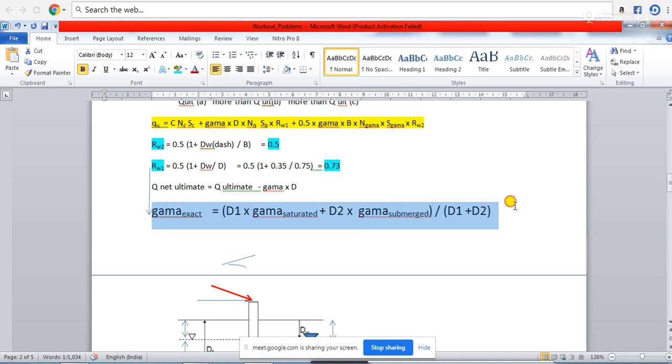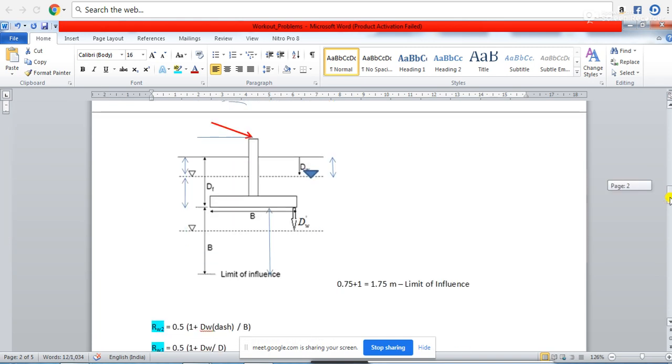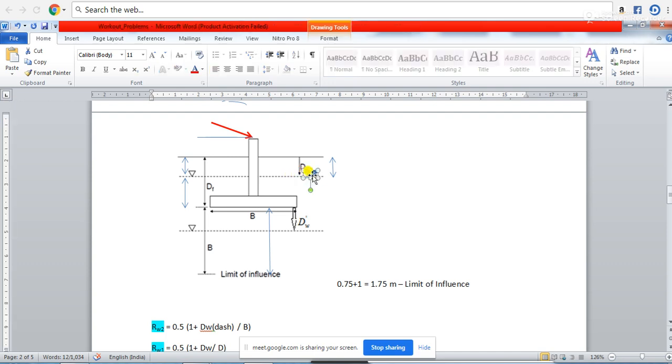That means the bulk unit weight of soil for the total soil portion is gamma. Now the water table is gradually rising. Let's say at one instance the water table is here and you want to find the bearing capacity. At that time you have to take the weighted average, that means for this portion of the soil what is the gamma, and for this portion what is the gamma.